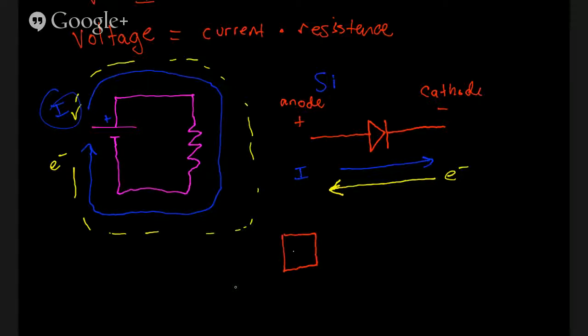We've got p-type, and we'll use that color. Actually, I don't like that. We're going to use that. And n-type. All right, this all makes sense in a little bit.